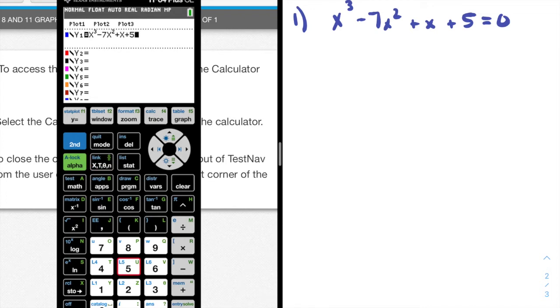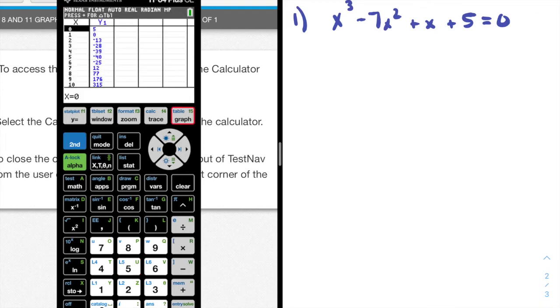So once we get that in there, we can use what is called the table of values to see if the calculator can give us any of our solutions. The table of values is where the graph button is. So if I hit second and graph, it's going to take me to this table of values here.